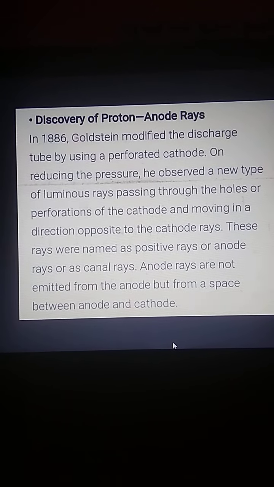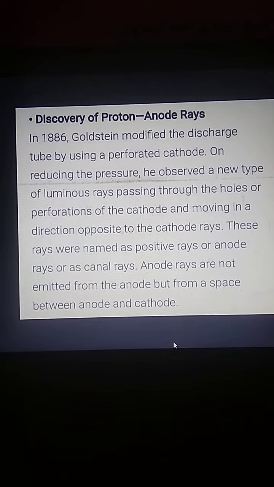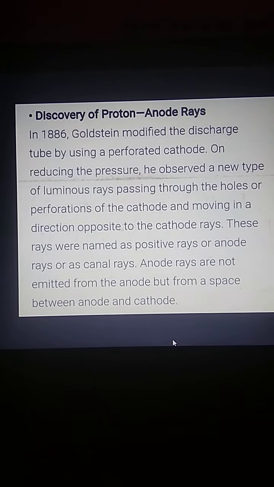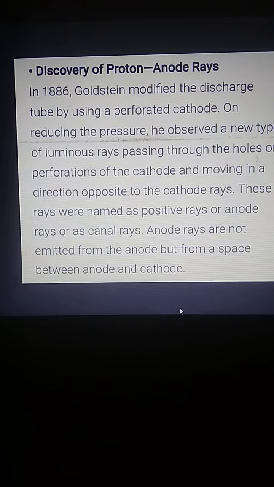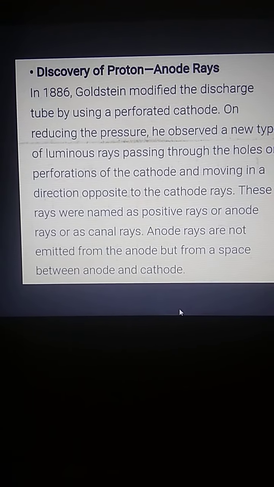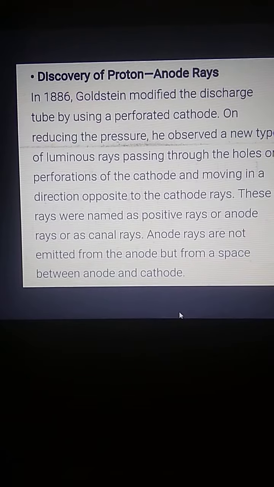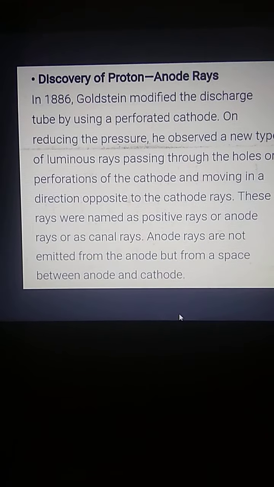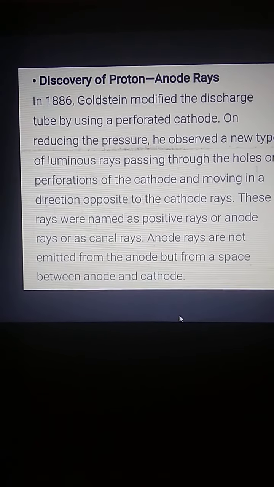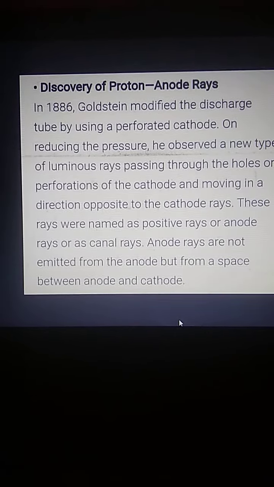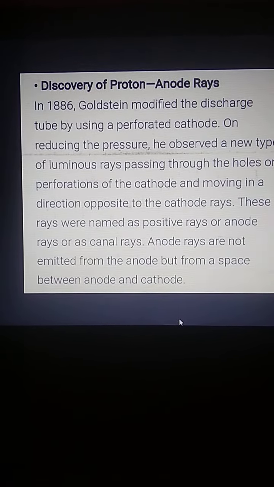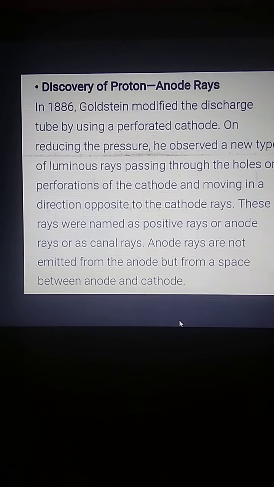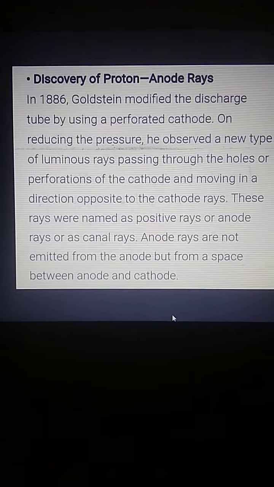When voltage is applied, the rays started moving from the anode towards the cathode, and these rays were named anode rays. But actually these rays were not emitted from the anode; they were emitted from the gas which was used in the discharge tube. In the case of cathode rays, the rays did not depend upon the type of electrode or the type of gas we were using.